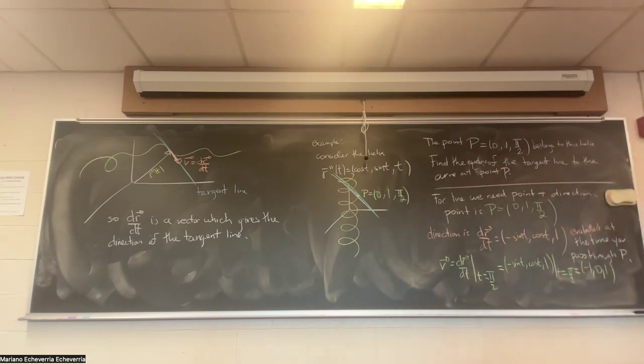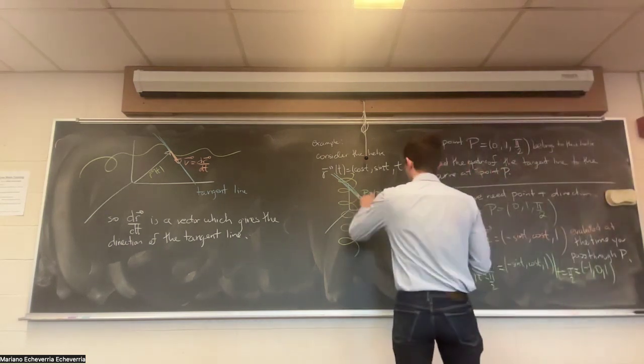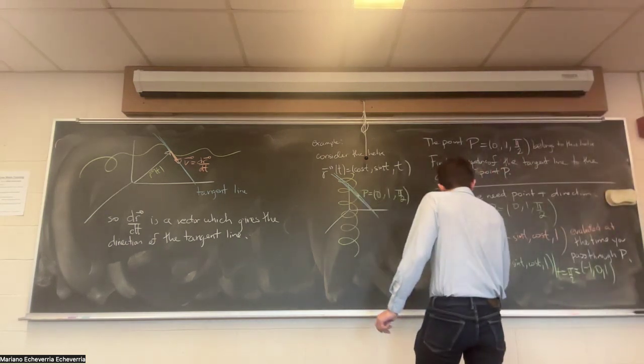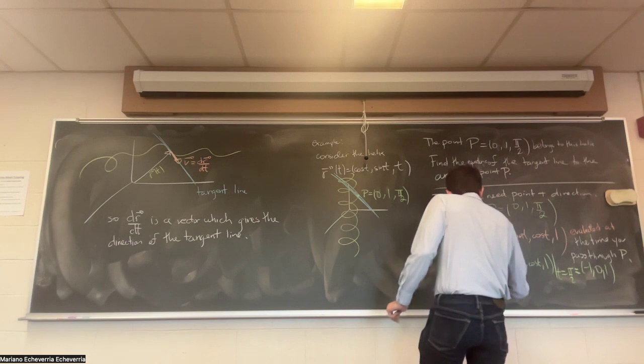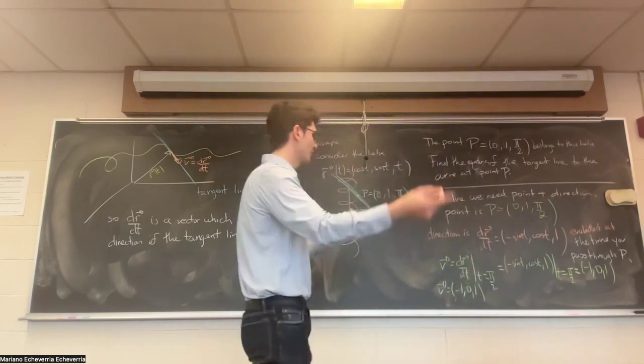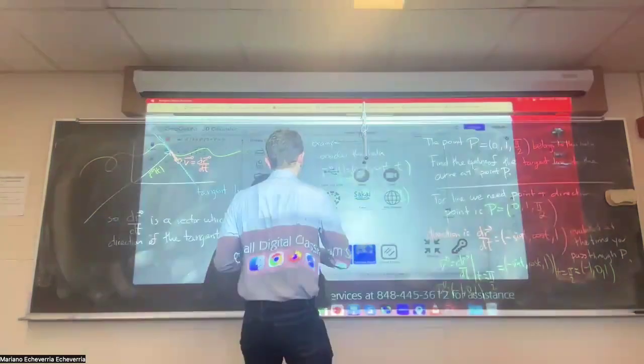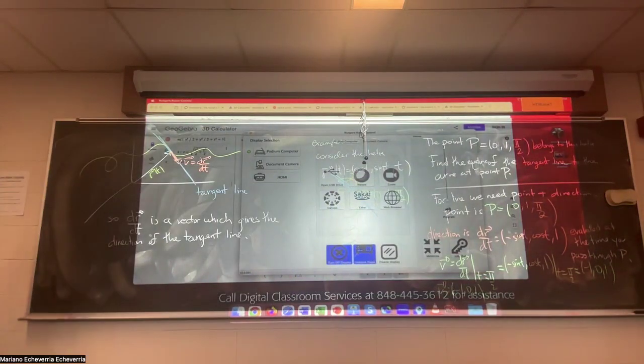So the direction, the velocity vector at that particular point, is just the vector negative 1, 0, 1. And we have the point, we have the vector, and now the equation of the line.